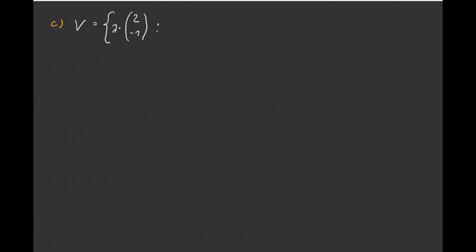Take any fixed vector, basically would do the same here. (2, -1) is just a simple example. We take lambda times that, with lambda in R. So that is a subset of R^2, obviously.